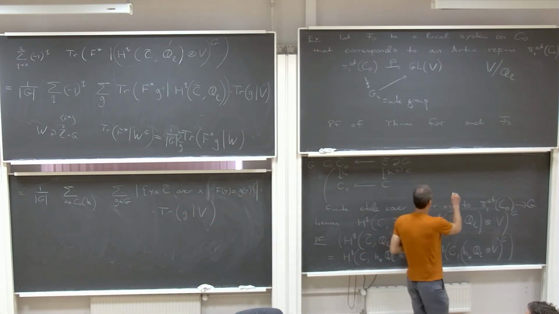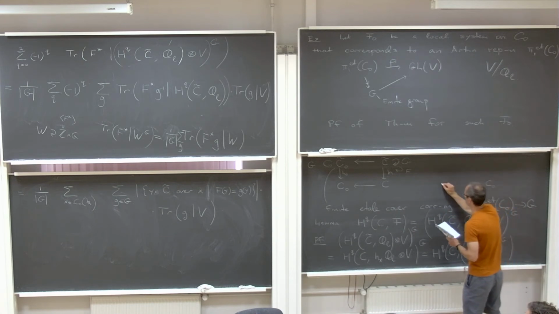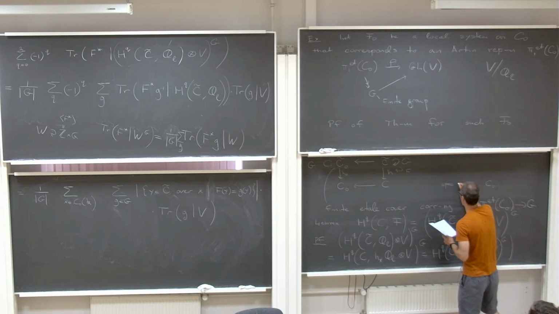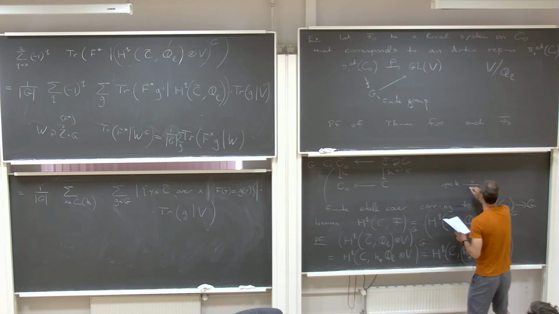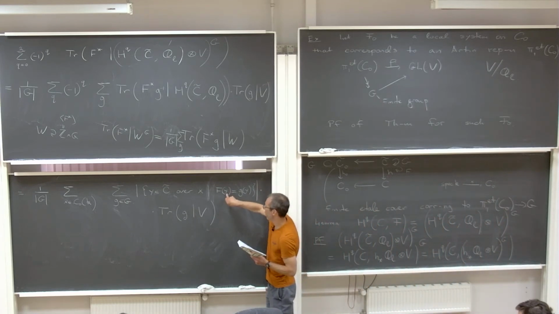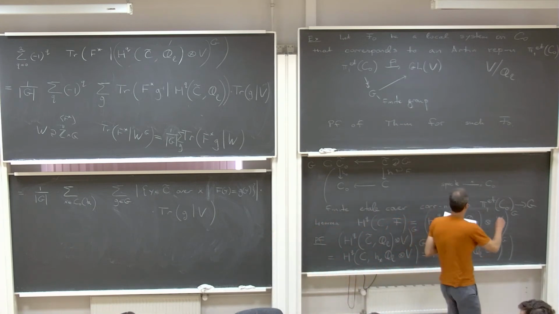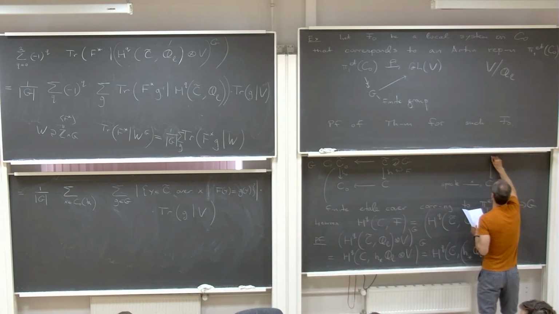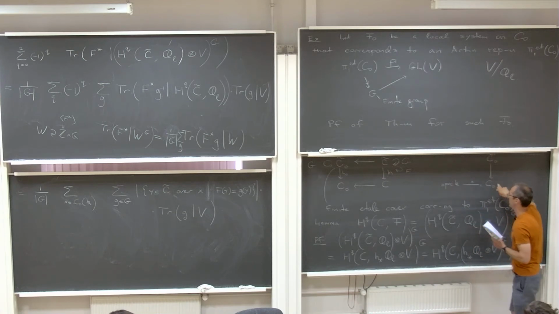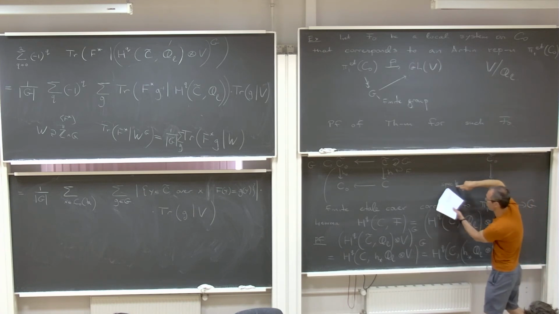I have C0, and I have a point, spec K. This is my point X, and I'm looking at the fiber over this point, all geometric points lying over X. So here I have C0 tilde, which is a G torsor, and I can restrict this G torsor to spec K.